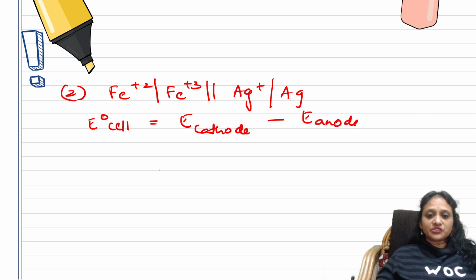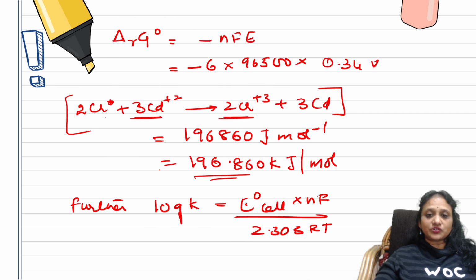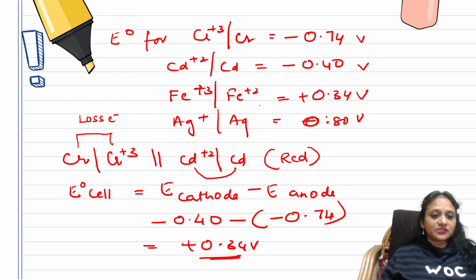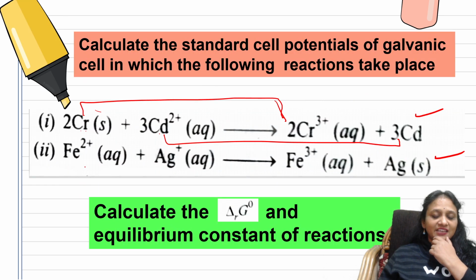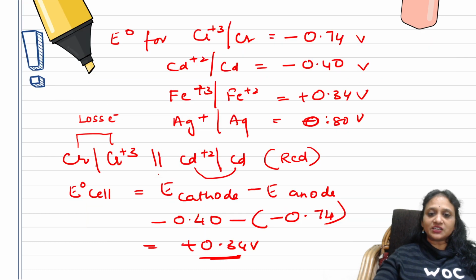How much did they give me, students? How much was the value when I saw the first one for this? For silver, Ag⁺ to Ag, 0.80. Next is iron. Iron and silver are given.